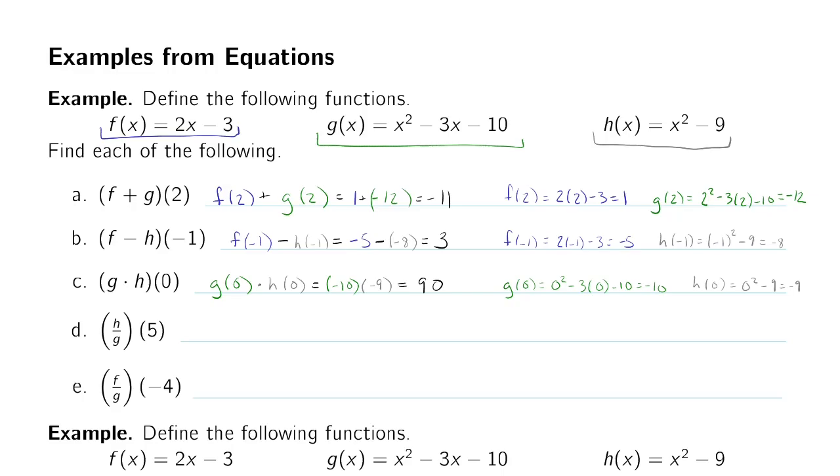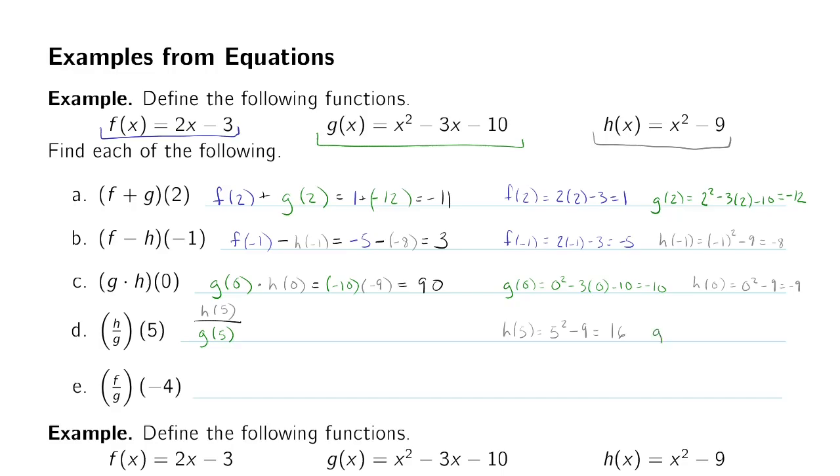If we want to take h over g of 5, well, that's just going to be h of 5 over g of 5. We say h of 5 is 5 squared minus 9, which works out to 16.